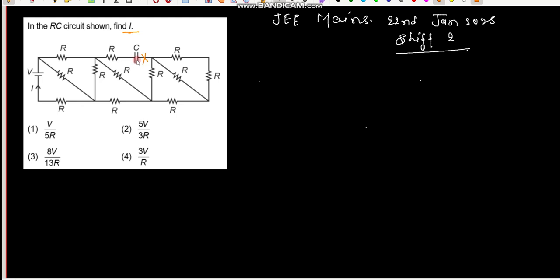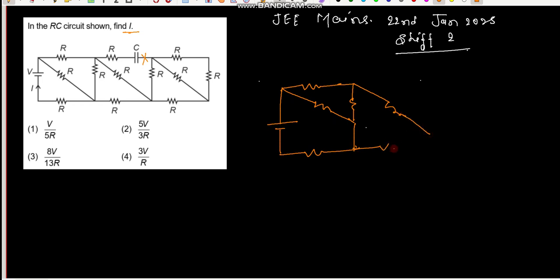If this part gets removed, then what are we left with? We are left with this R, and here we have another resistance R, this is your voltage, and this is another. Let's draw it quickly. Now we're going to work on the remaining resistors.